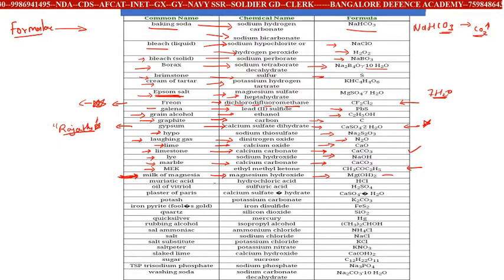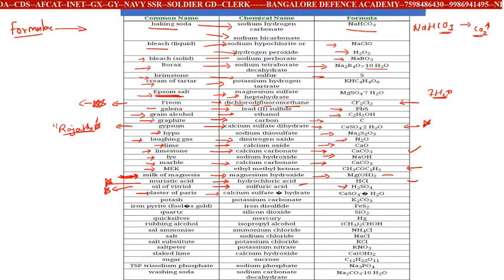Muriatic acid or hydrochloric acid, it is known as HCl. Oil of vitriol, very important, is called sulfuric acid. Sulfuric acid is also called the queen of acids, H2SO4. Plaster of Paris, that is POP, calcium sulfate hemihydrate, CaSO4 H2O.